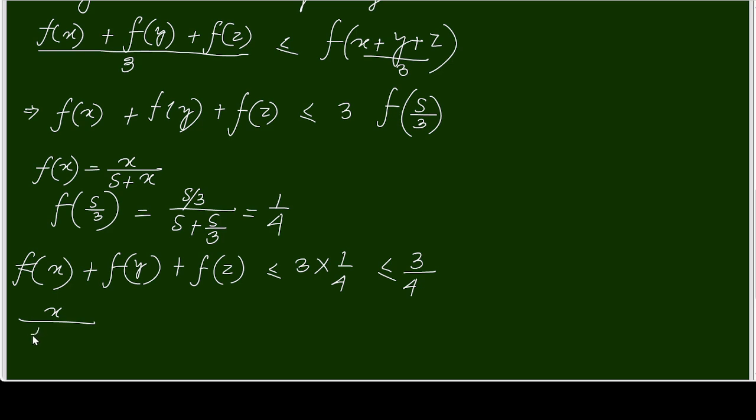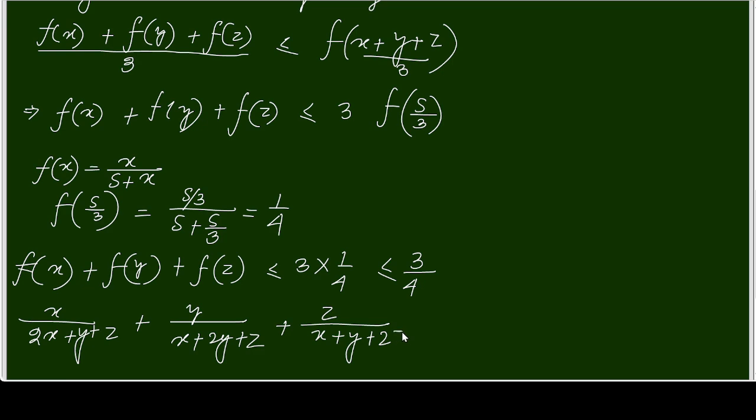So x over 2x plus y plus z, plus y over x plus 2y plus z, plus z over x plus y plus 2z is less than or equal to 3 over 4. It's proved.